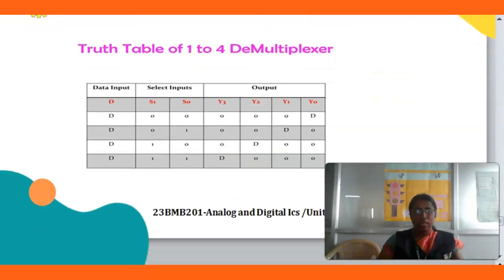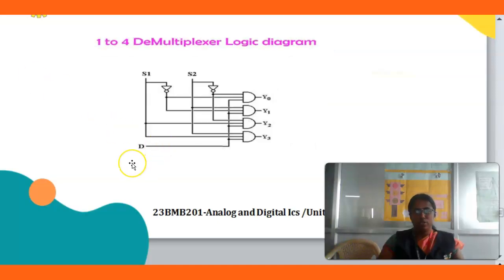This is the truth table, and according to it the logic diagram is drawn. With S1, S0 at 0, 0, the input is connected to Y0, and D is connected to all the outputs of the circuit. Based on the combination, the output will come.